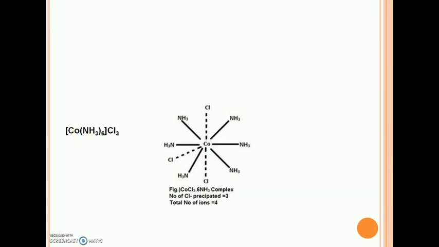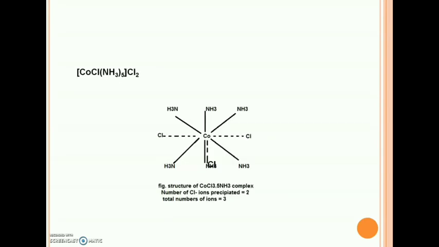Okay, next we can take another example, that is CoCl3·5NH3. From this structure, it is clear that out of 6 secondary valencies, 5 are occupied by NH3 molecules.